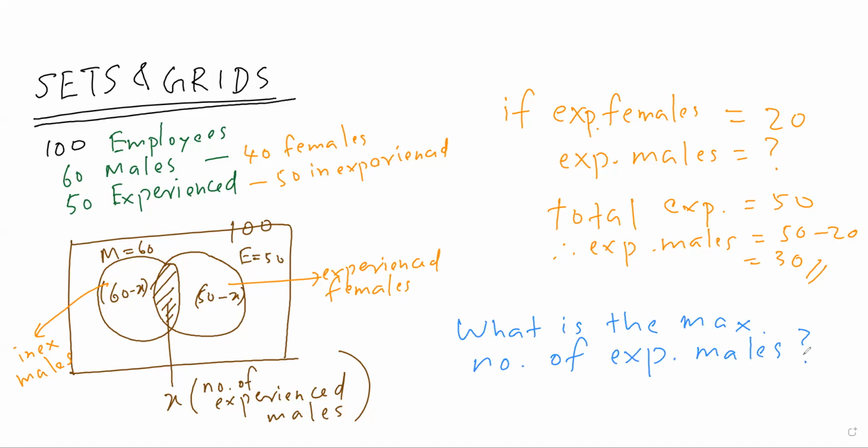Now this is a tweak because it's not like a given number. Now we are looking at a situation where minimums and maximums are used. So now we are looking for maximum experienced males.